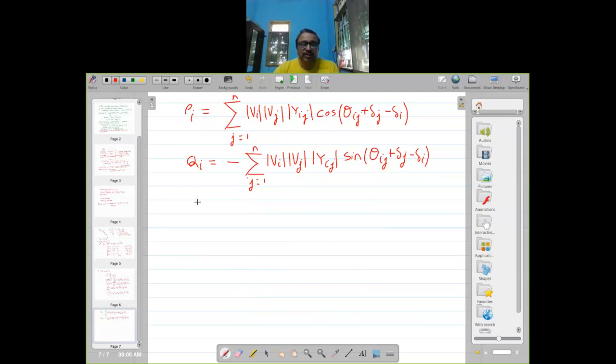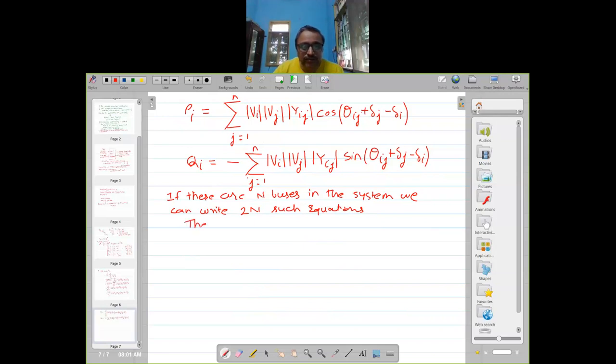If there are n buses in the system, we can write 2n such equations, and these equations are called SLFE, static load flow equations.